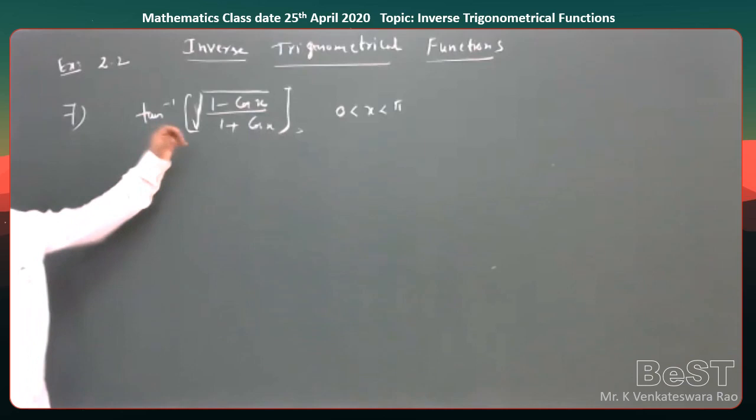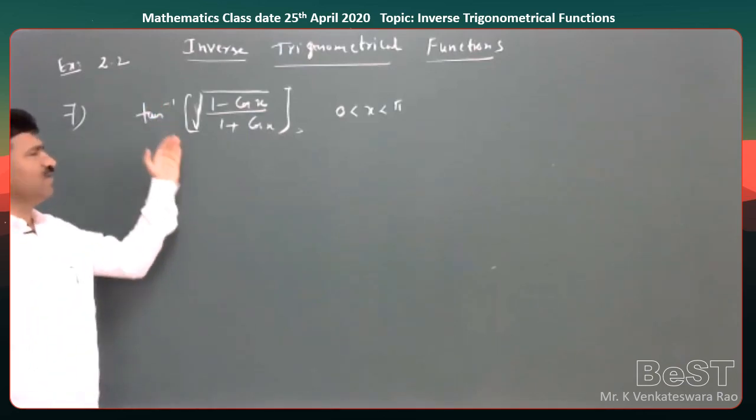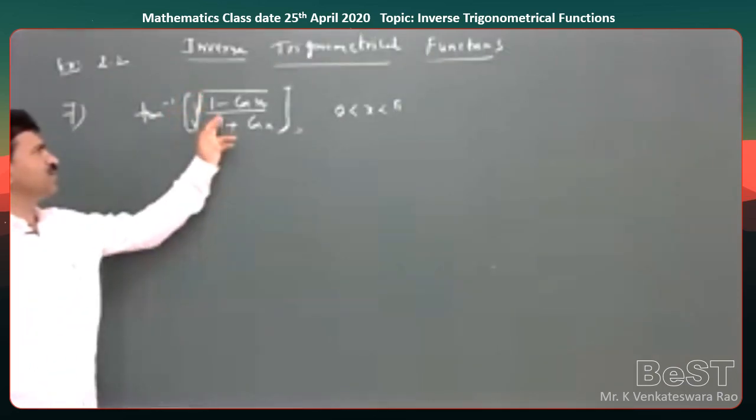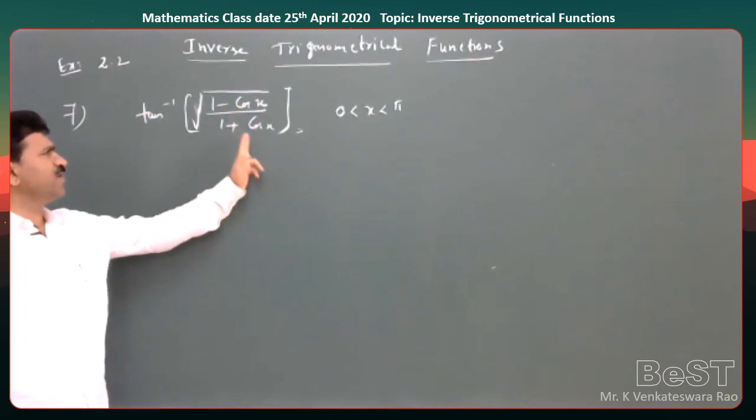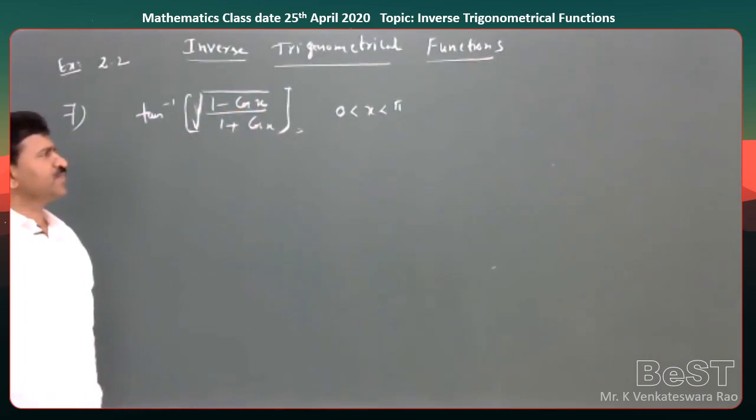See the problem. We have to simplify this one: tan inverse of square root of 1 minus cos x by 1 plus cos x.